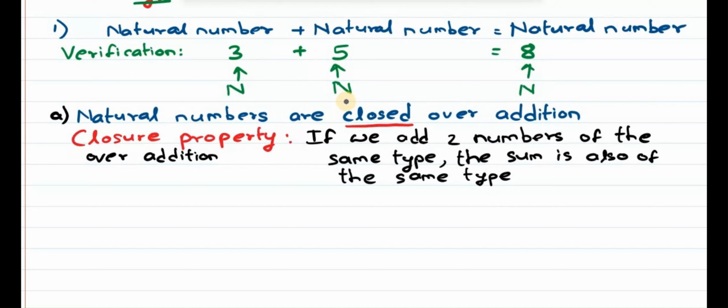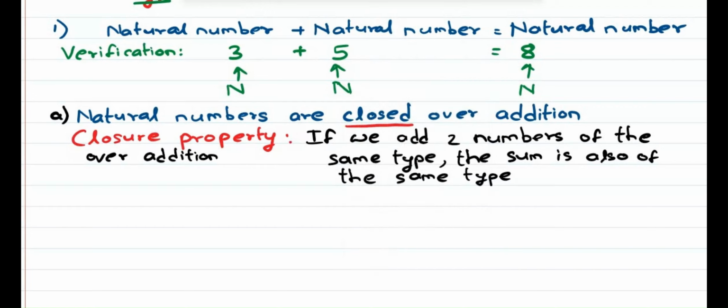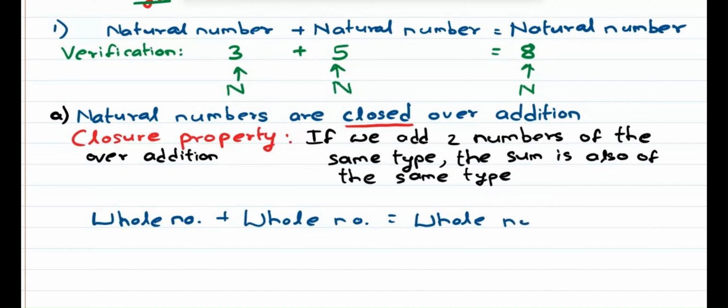Shall we check for the next one, whole numbers? Let us check for whole numbers. So here let me write, in short form, whole number plus whole number is equal to whole number. Let's verify that.